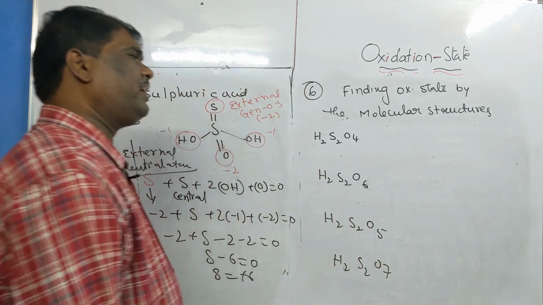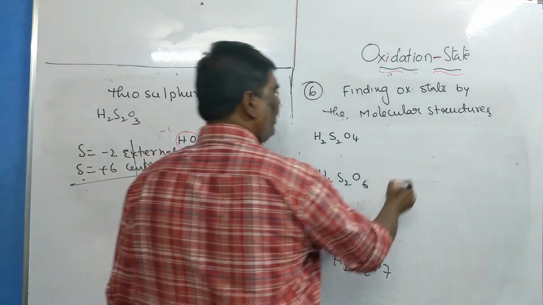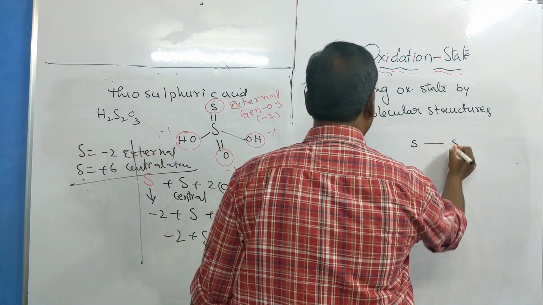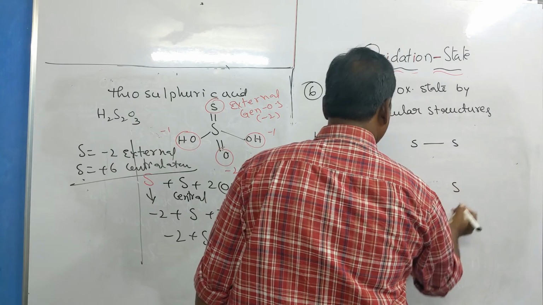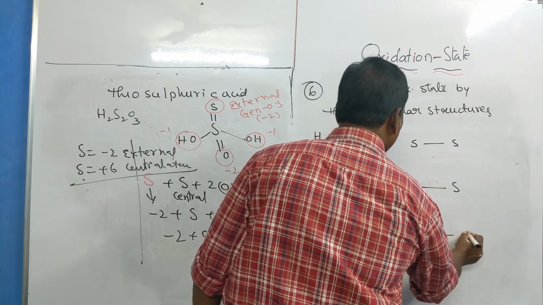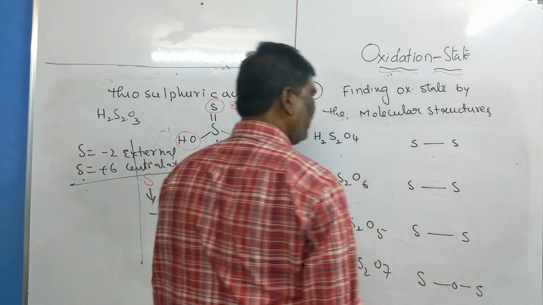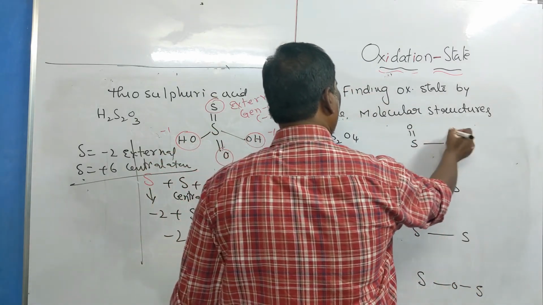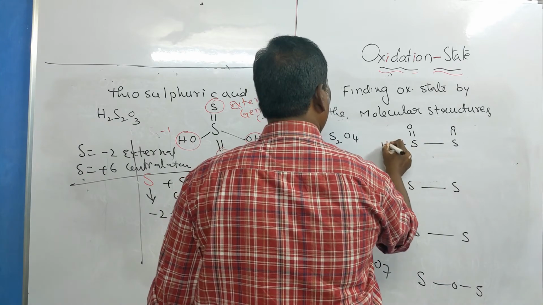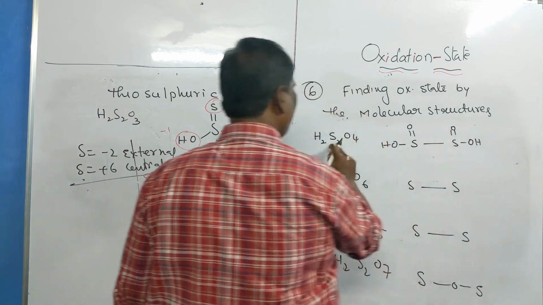All of them have similar geometry. We take sulfur single bond sulfur, and in the last one a sulfur oxygen sulfur linkage is there. Now we take double bond O, double bond O. Next one OH, OH. I think the geometry is enough.